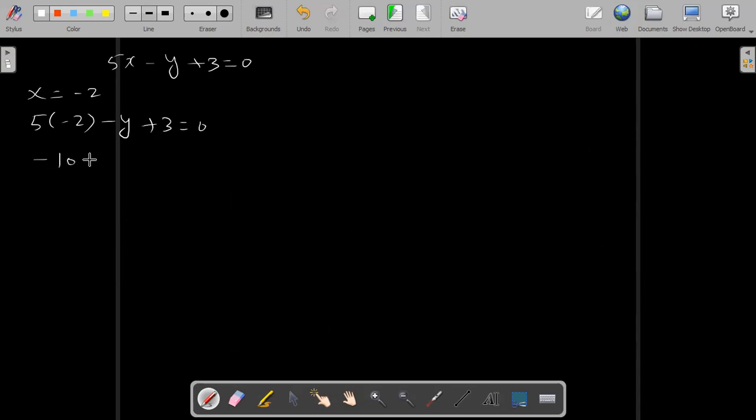Minus 10 minus y plus 3 is equal to 0. So minus y minus 7 is equal to 0. So 7 will come to this side. y is equal to minus 7. So another point you got is minus 2 and minus 7. So we got 3 points.